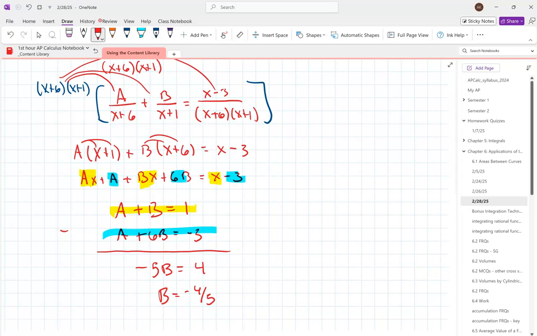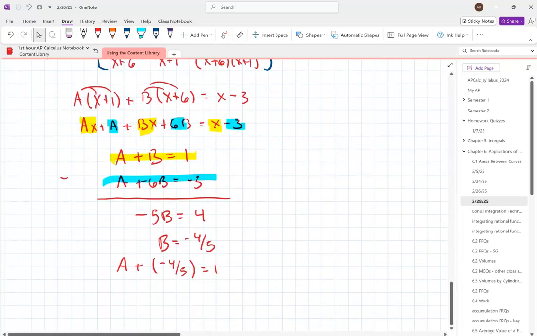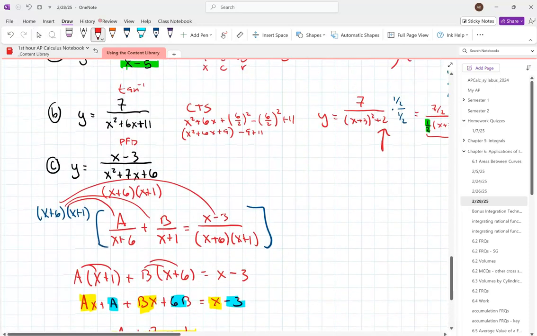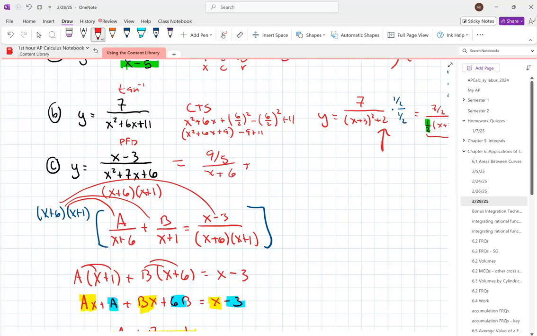If I then plug that into the first equation, I get that A has to be 9/5. So we can say this is equal to 9/5 over x plus 6 plus negative 4/5 over x plus 1.